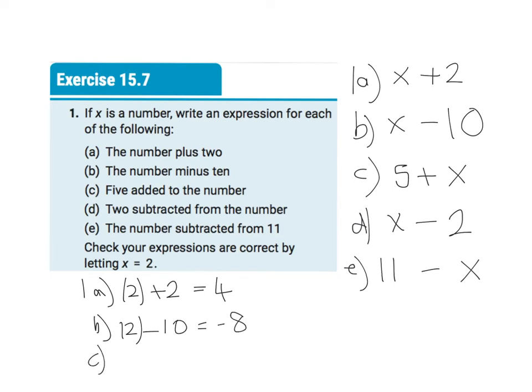For C, we're substituting 2 in for x. We're going to get 7. For D, we get 0. And E, we're getting 9.